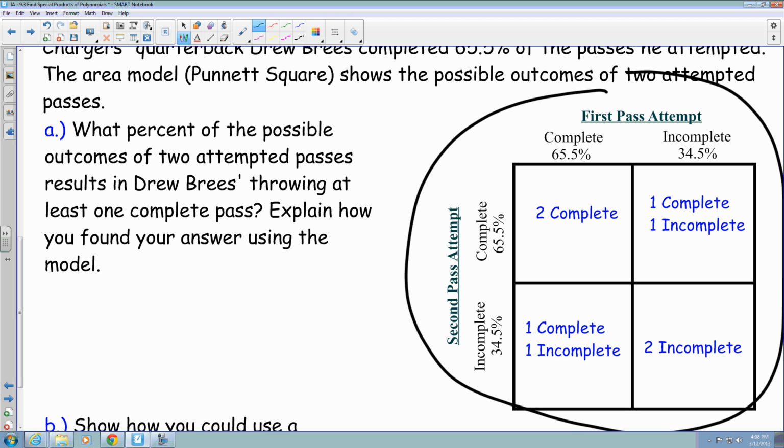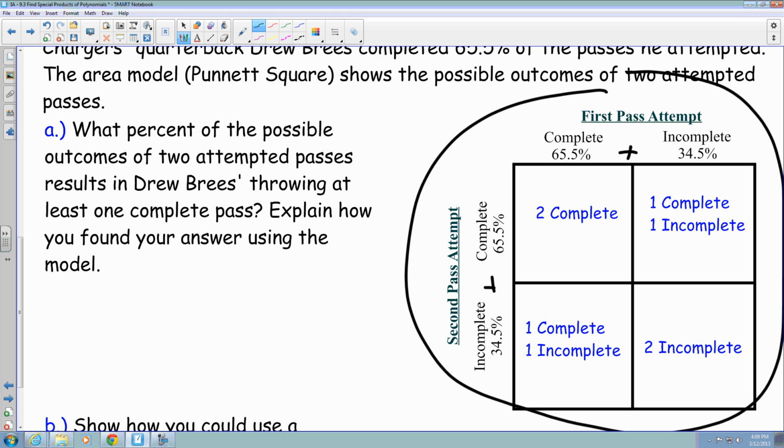One could have been complete and one incomplete, and the other one could have been incomplete and the other one complete. So if you were to add up these values, you would end up getting 100%. And 100% in numerical terms is 1. So what I have here is a 1 by 1 square.